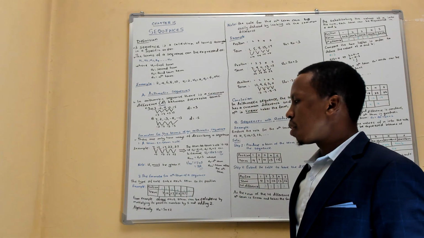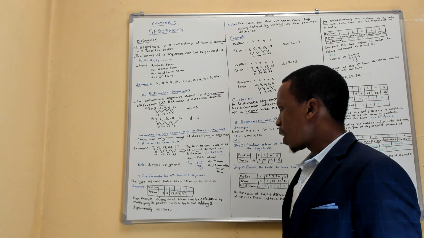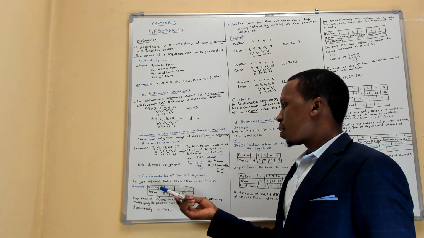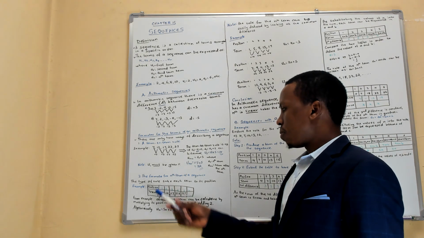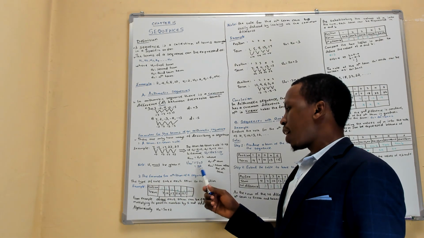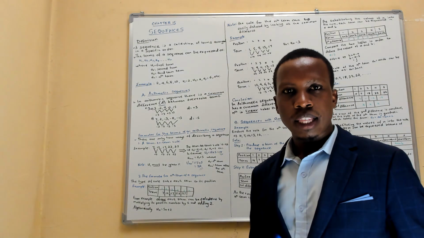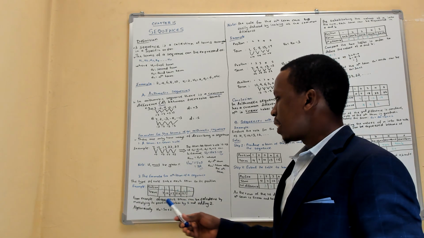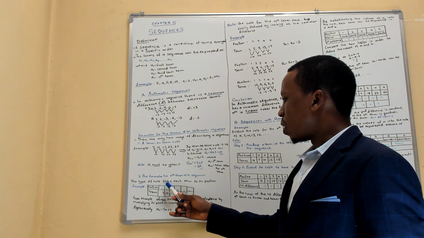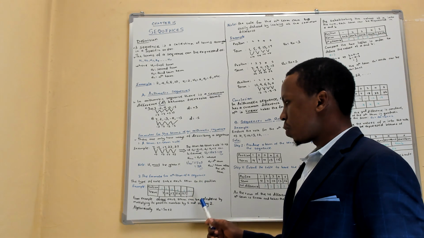The second method, or the second formula to find an arithmetic sequence, is the formula for the nth term of a sequence. When we're talking about the formula for the nth term of a sequence, what we are saying here is that this type of rule links each term to its position.